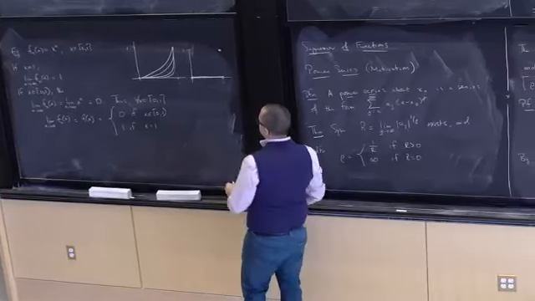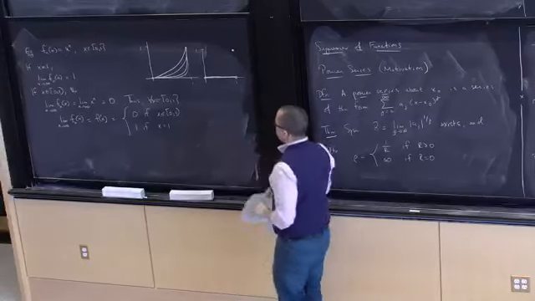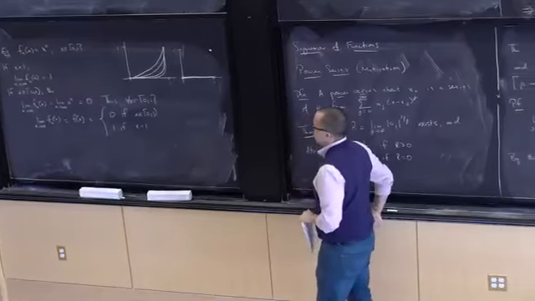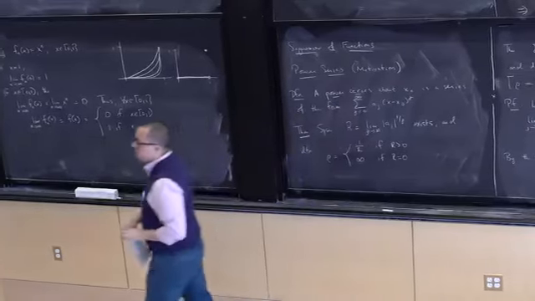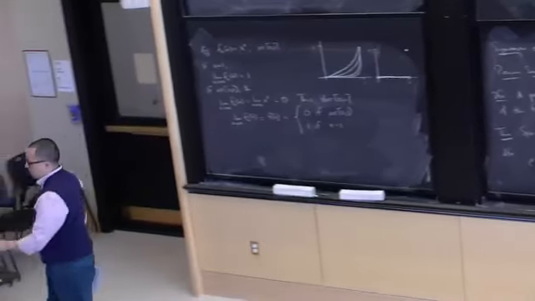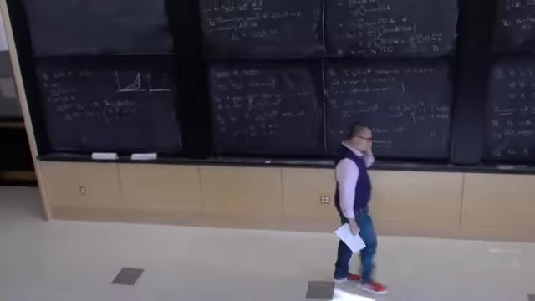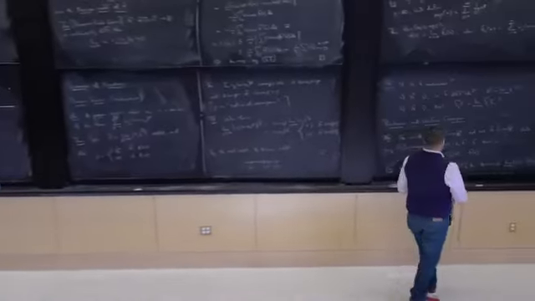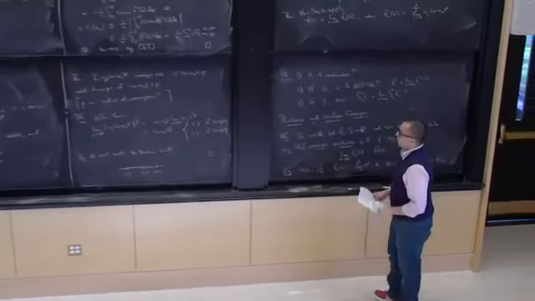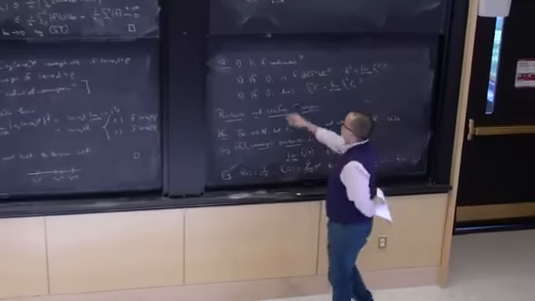So for any fixed n, it's converging to this picture on the right. And so we can already answer one of these questions if we take them as a question about convergence of functions in the pointwise sense.